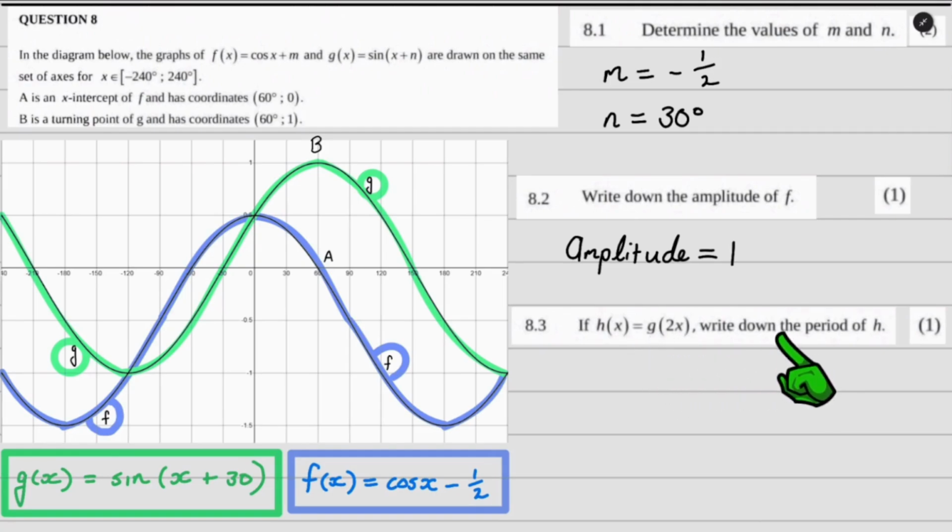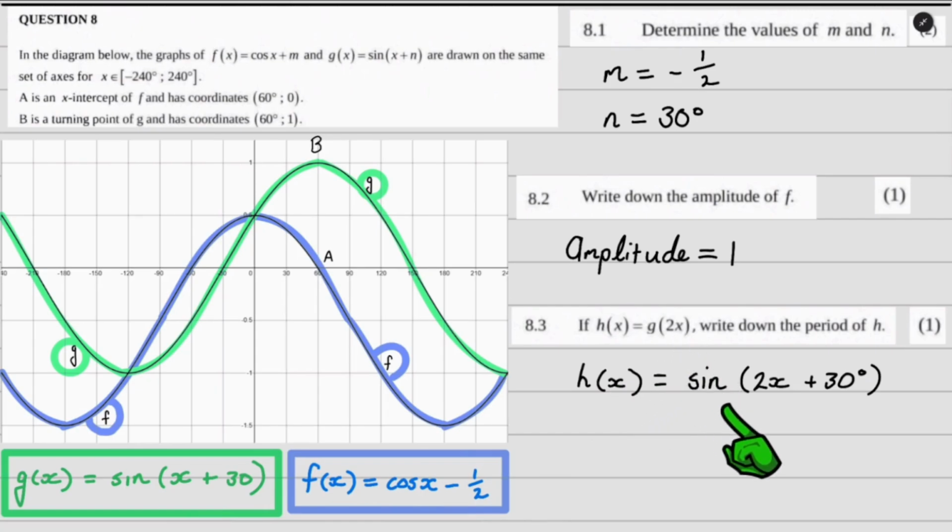So let's go get that equation and see what to do. h of x equals g of 2x simply gives you instructions to grab g and replace your x's with 2x's. So that's exactly what I've done. I've taken g and I've changed x to 2x.